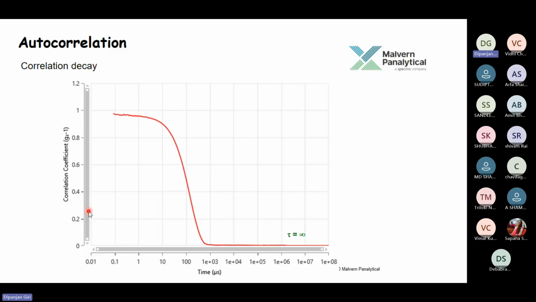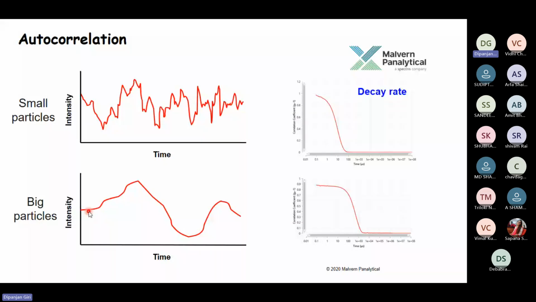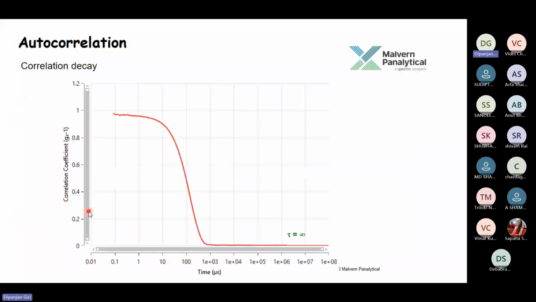At the beginning, time is equal to 0 and the correlation is quite good, and as you increase the time interval, the correlation will decrease, and when the time interval is larger, that means T infinity, the correlation will be completely lost.